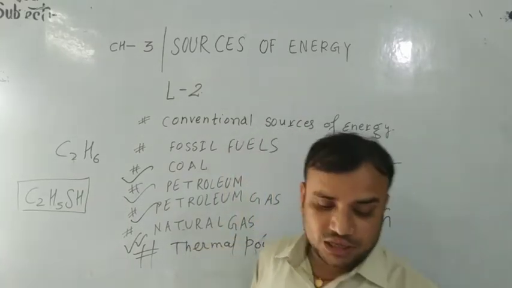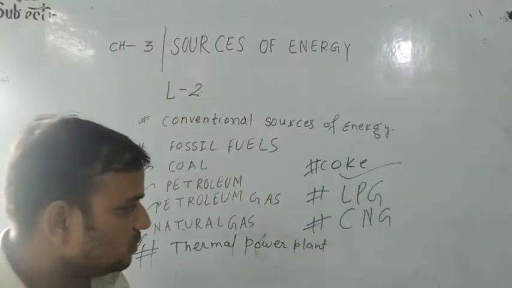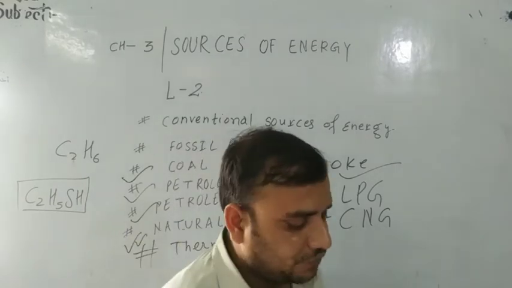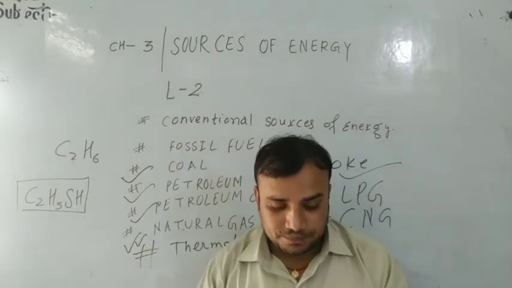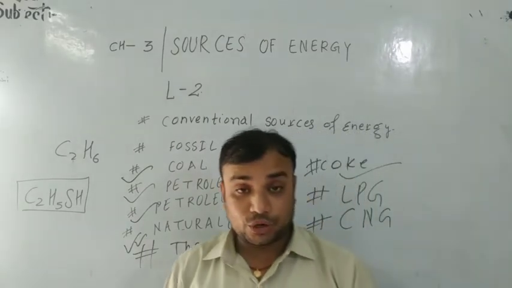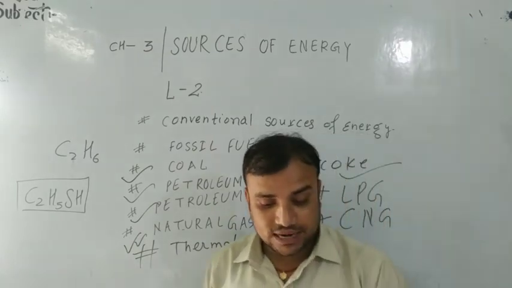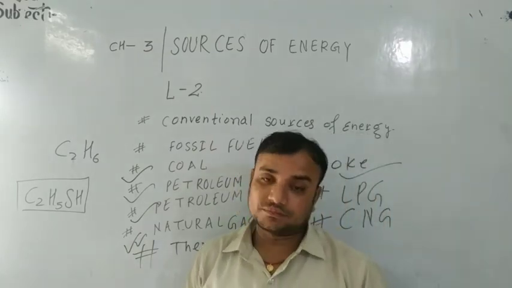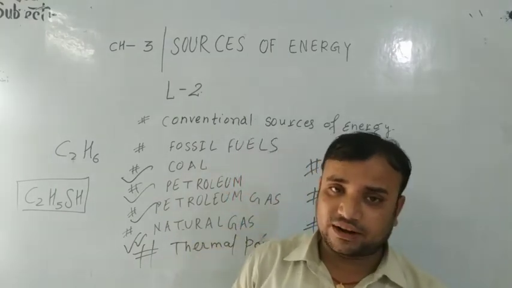Now the next topic is pollution caused by fossil fuels. Let me explain. First point, the burning of fossil fuels produces acidic gases such as sulfur dioxide and nitrogen oxide. These acidic gases cause acid rain.